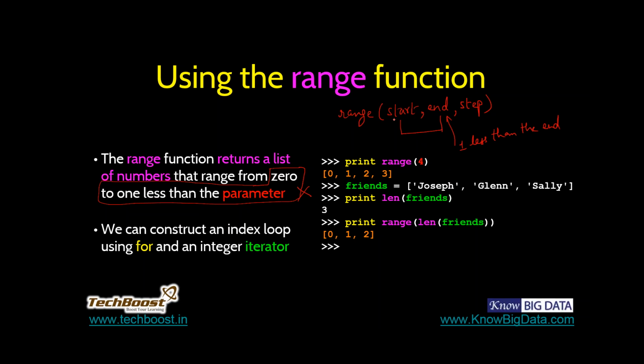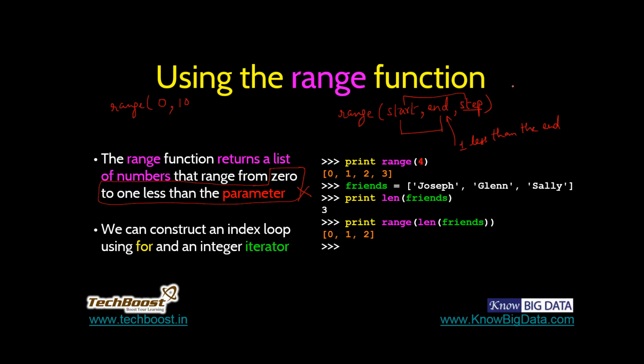Start is nothing but the start index or the starting number which you want. Let's say you want to start from 0, and the end index is where you want to stop the creation of the list. So you want to stop, say, at 10.